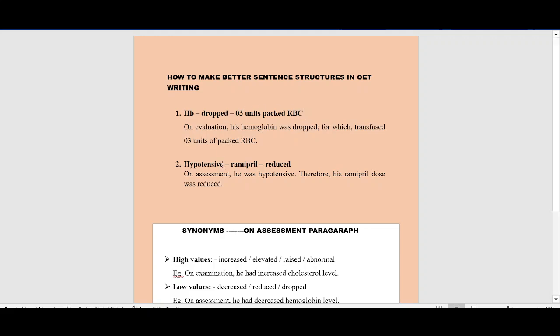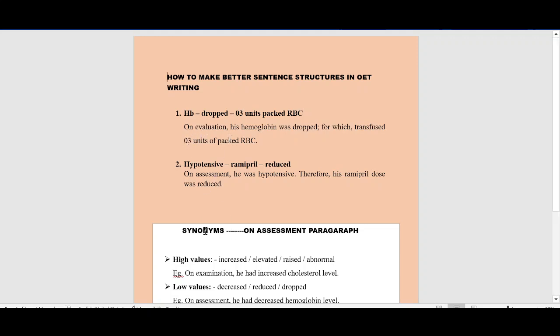These two sentence structures, as well as the synonyms, mostly come in the first body paragraph of OET writing. As I mentioned in my previous video, it is also called the present medical history. When mentioning the present medical history of the patient, we do the examination, we do the evaluation, we do the assessment.